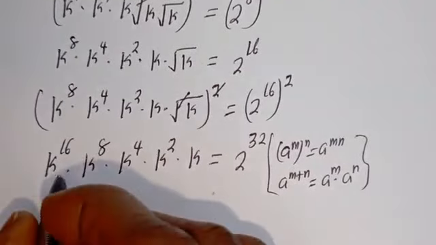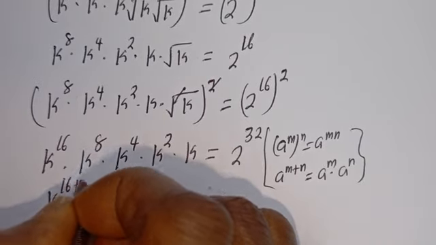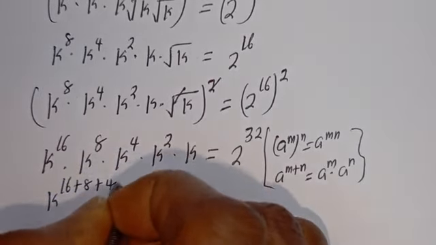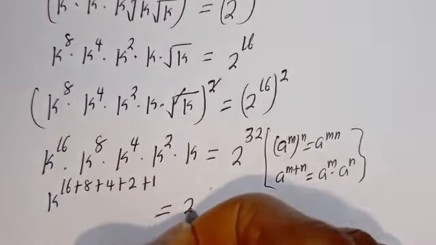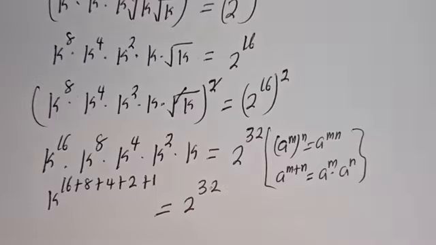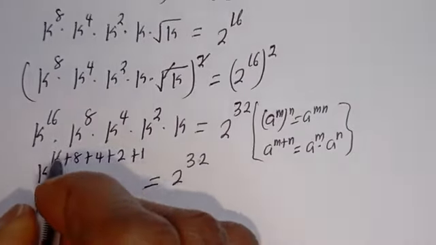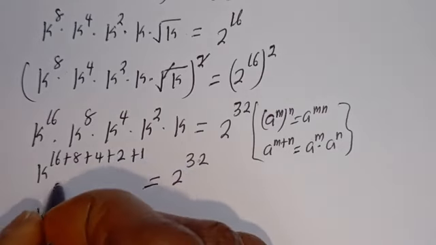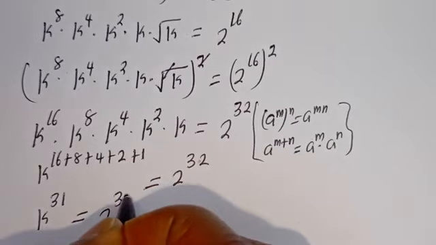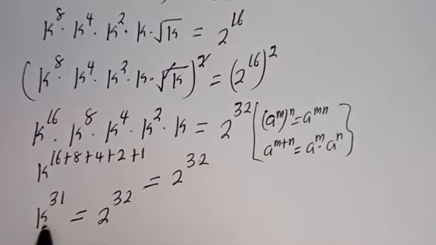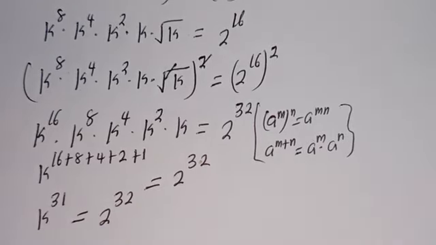So this can be written as k to the power of 16 plus 8 plus 4 plus 2 plus 1 is equal to 2 to the power of 32. Then this is k to the power of 16 plus 8 plus 4 plus 2 plus 1. This is 31, is equal to 2 to the power of 32. But we are looking for the value of k. Let's multiply the exponent of both sides by 1 over 31.